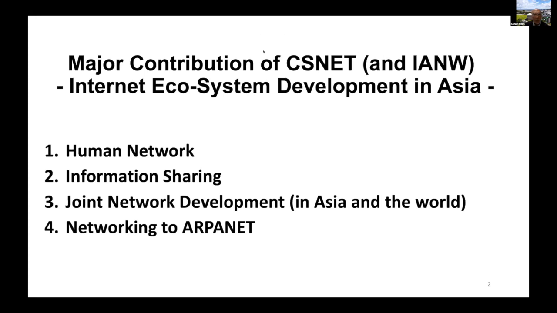So we tried to catch up. Fortunately, CSNET and the Academic Network Workshop gave us a very good vehicle to catch up. The first thing in the ecosystem is a human network.